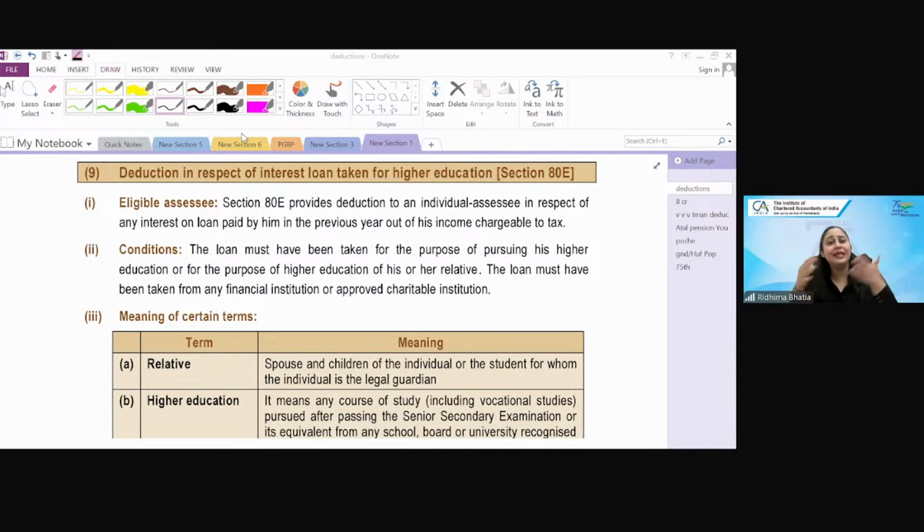The 80D list talks about medical related things or disability related things. The 80E list, which we'll start, is about interest: interest on education, interest on loan of house, interest on loan of car. These are three types of lists. And then we'll go for the 80G list that talks about your donations. So this is how you can segregate the sections.